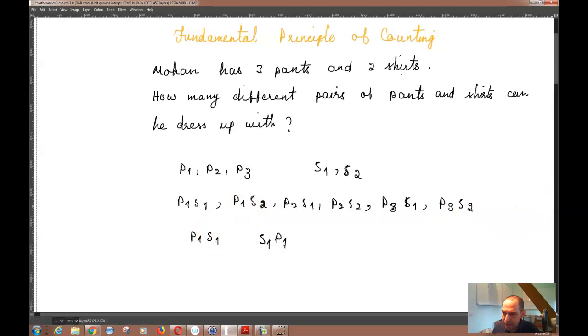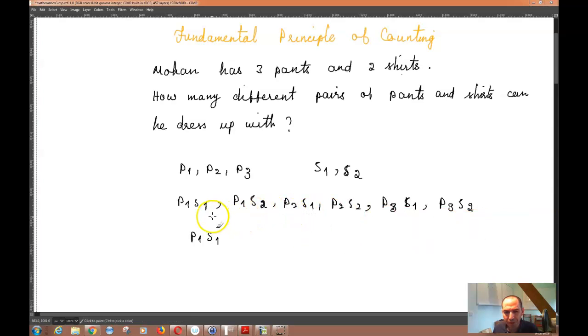Since that is the case, I'm regarding these two as the same choice, and so I'm just not listing this one here.